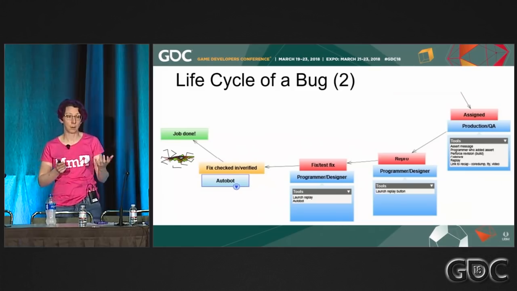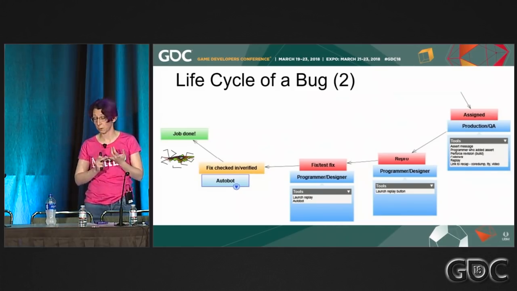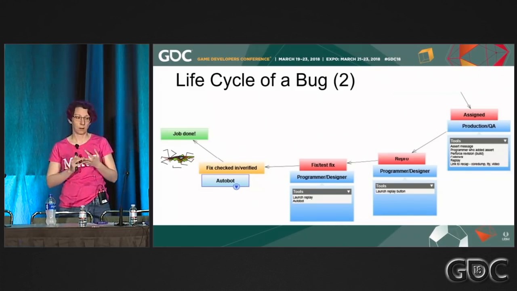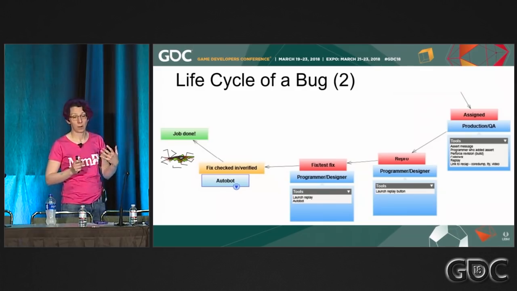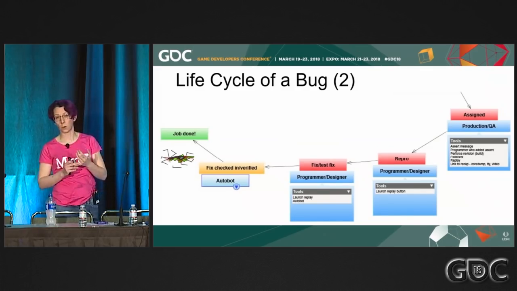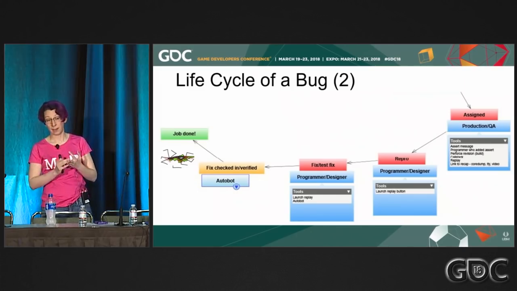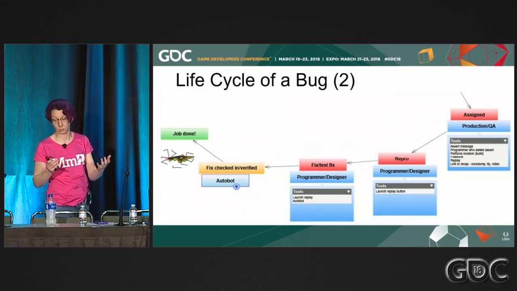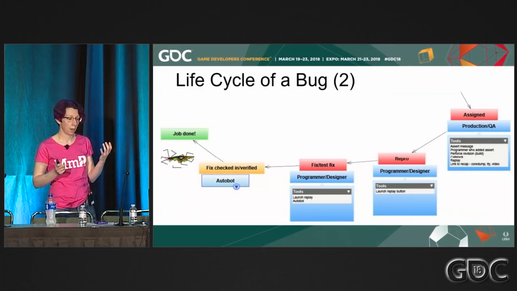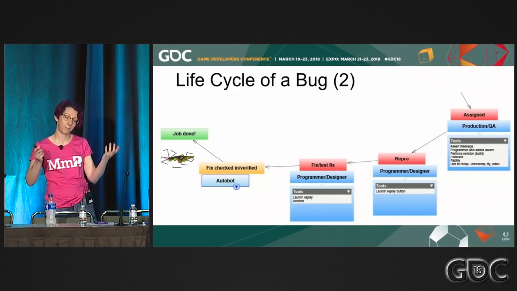So, for example, in a bug, we'll have the assert message, we'll have the programmer who added the assert, we'll have the call stack, we'll have a link to recap, which will have a core dump, it'll have the TTY, it'll have a video of the last 60 seconds before the game crashed. It'll have the perforce revision of the build that the bug was seen on, so you know which build it should repro on.